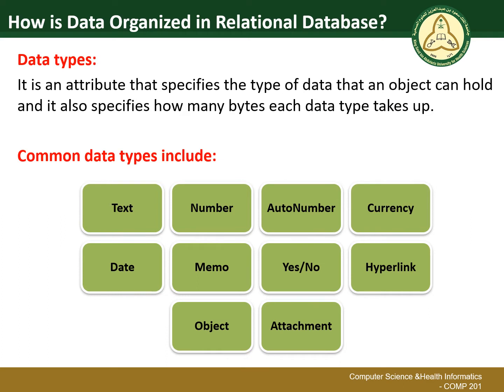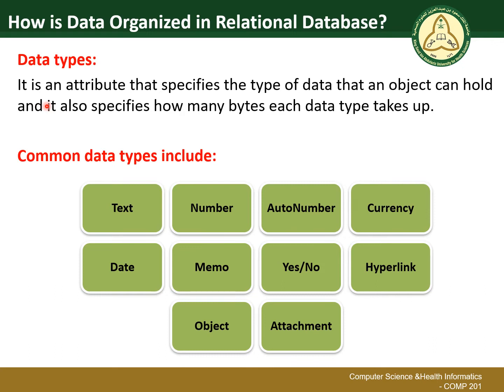Any database needs to be well defined and well structured. To achieve that, we need to define data types for each data. The data type is an attribute that specifies the type of data that an object can hold, and it also specifies how many bytes each data type takes up.